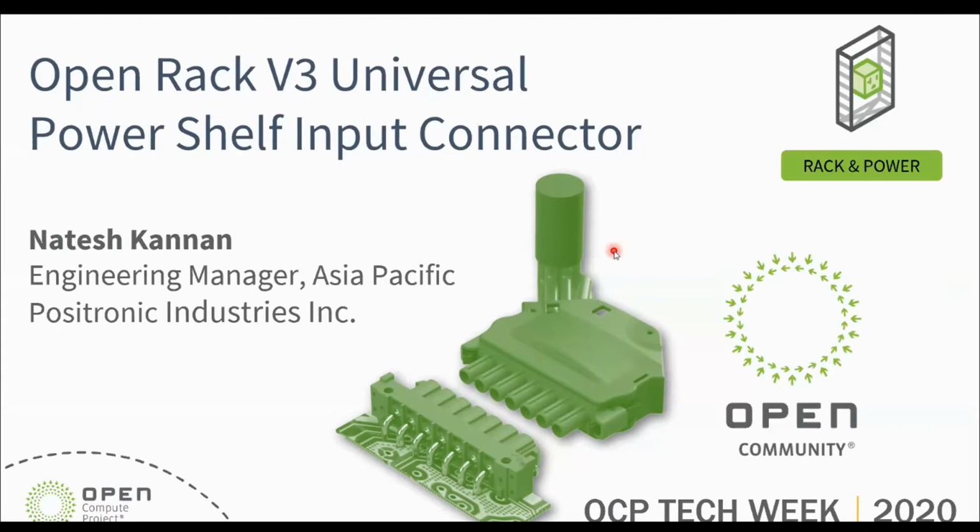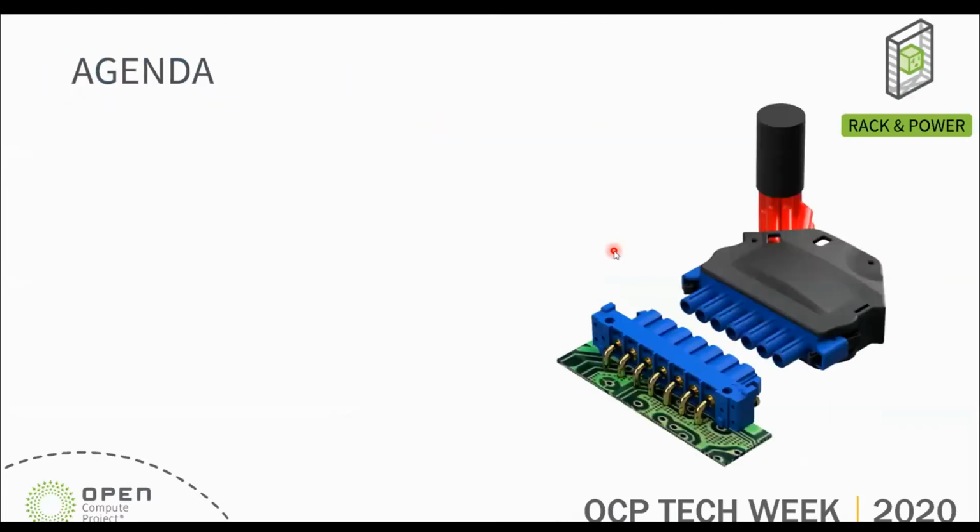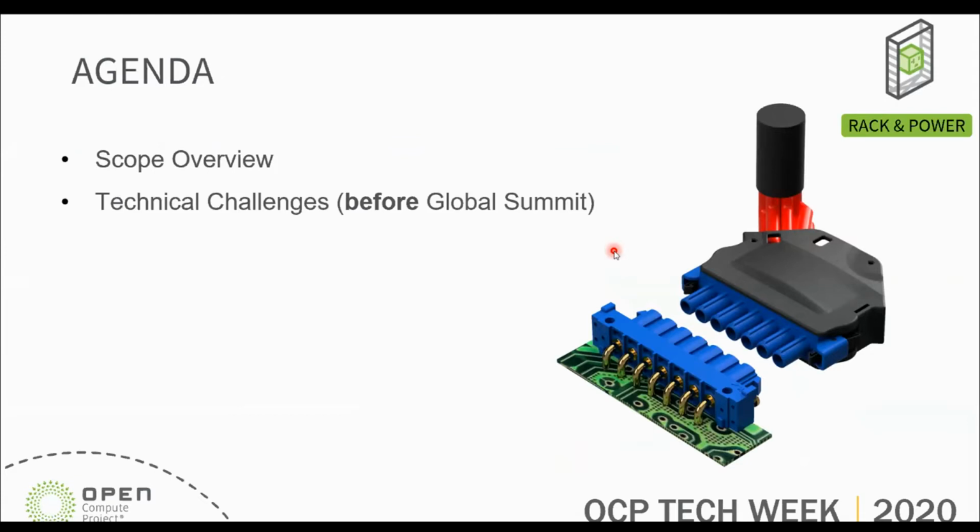Today we're going to talk mainly about the scope overview. It gives a broader view for the audience on what happened in the past and how we started this project, and the technical challenges before the Global Summit, and the product introduction, because this is a joint development that we developed as a group.